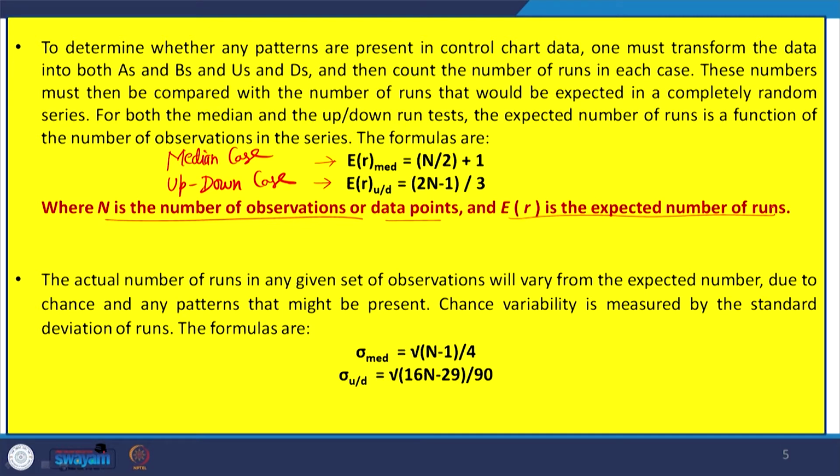Then we have to determine, because whatever variations are happening because of chance, we are going to accept that, but whatever variations are happening because of some assignable reasons, we are not going to accept them. That is the underlying assumption of entire statistical quality control. All random things are acceptable, but all non-random things are not acceptable.